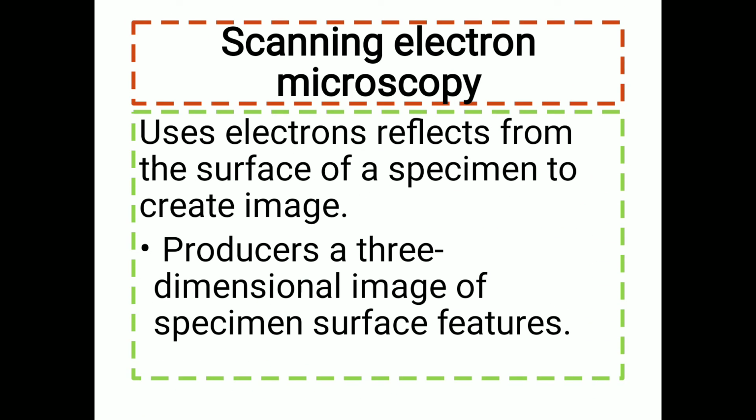The next technique is scanning electron microscopy. In scanning electron microscopy, electrons reflected from the surface of the specimen are used to create the image. It can produce a 3D image of the specimen surface features.